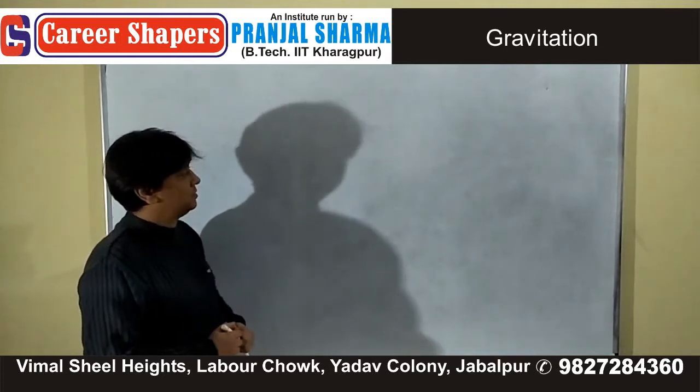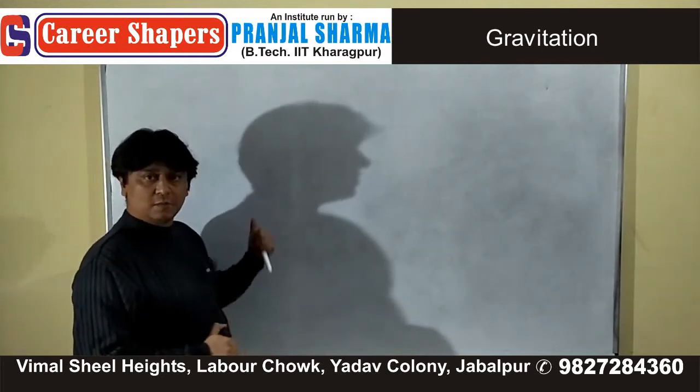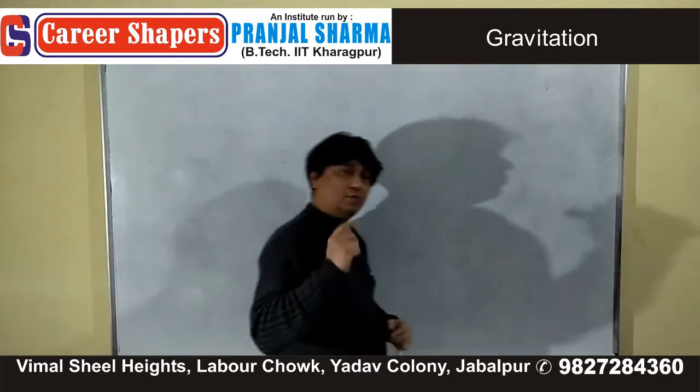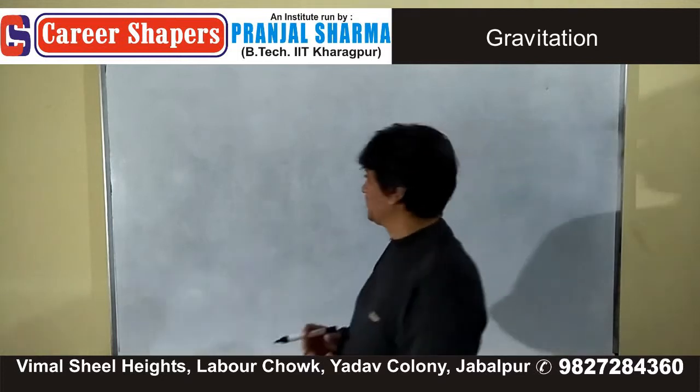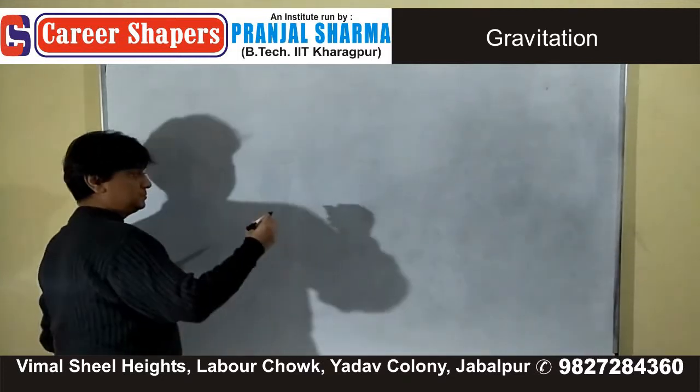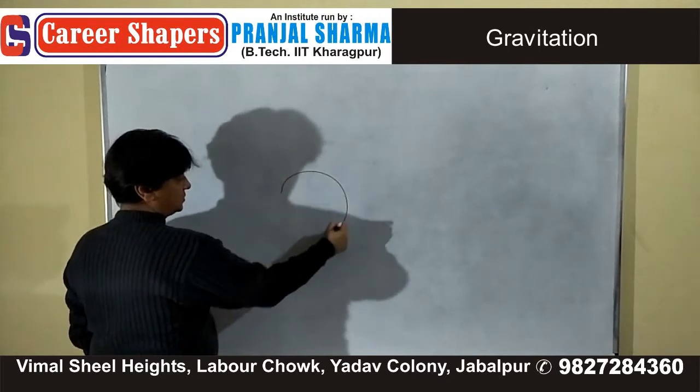Let's find out the orbital velocity of a satellite revolving around Earth, and we'll be assuming that its path is a perfect circle. Look here. This is Earth.